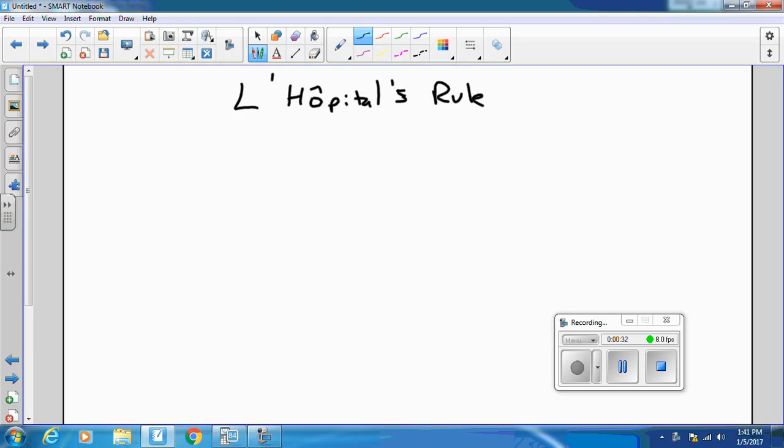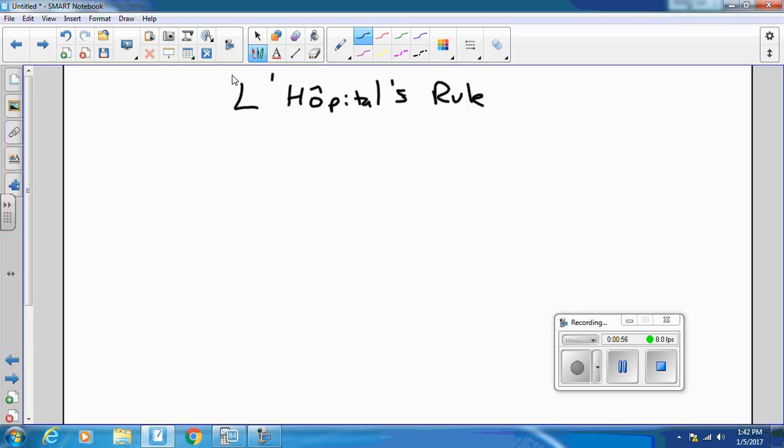William L'Hopital did not actually create this rule, but he published it in the first calculus textbook ever, 1696. And it became famous with his name. And it was presented as one use for the derivative.